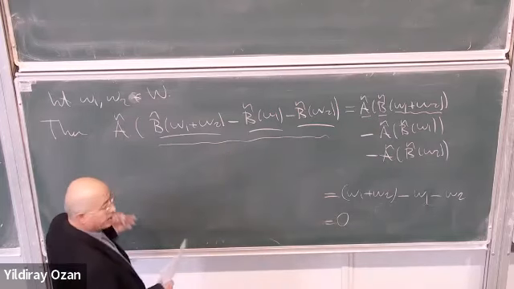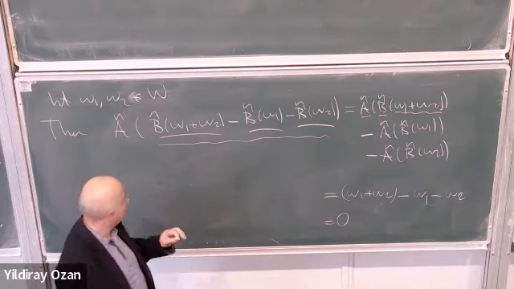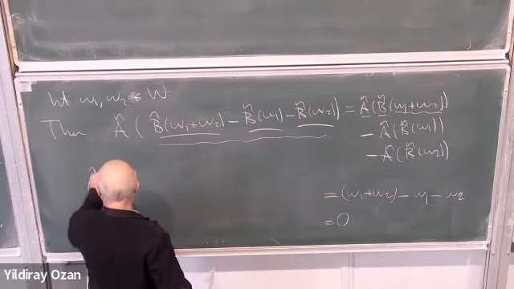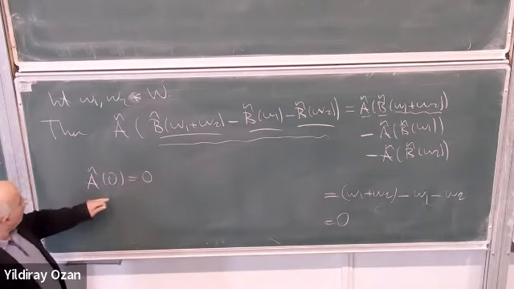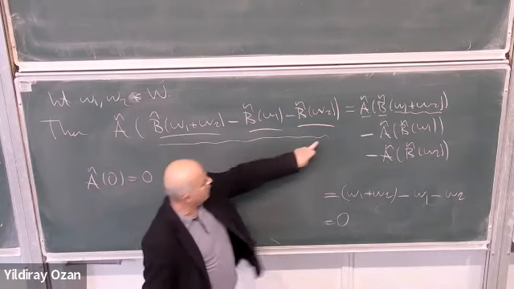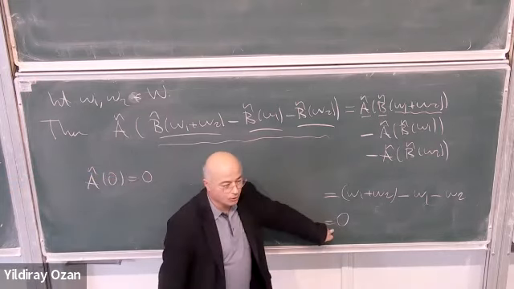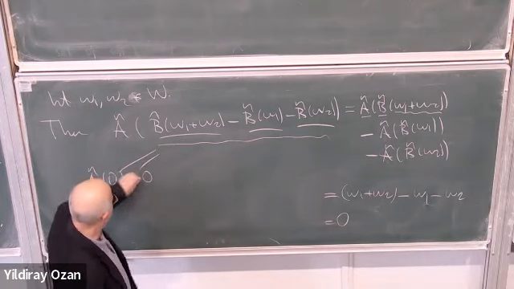But A hat is 1 to 1, right? And A hat of 0 is already 0. So both 0 is mapped to 0 and this element is mapped to 0. Therefore, this element and 0 must be the same.